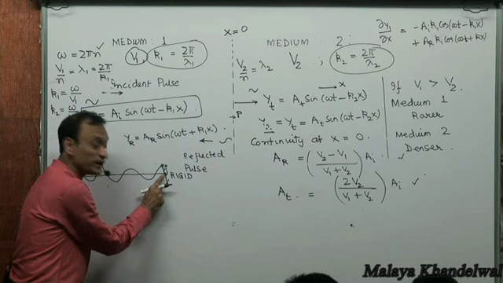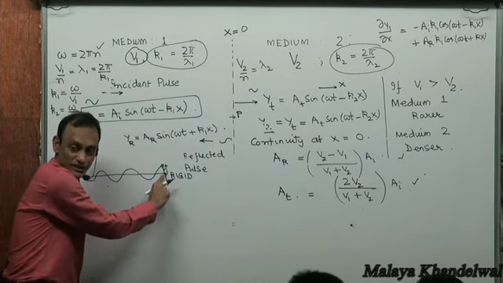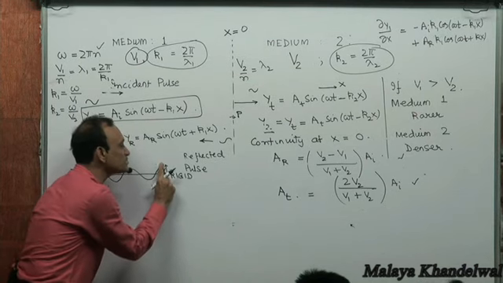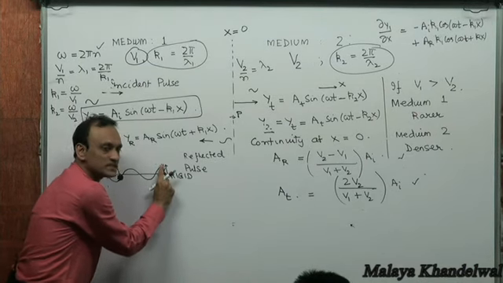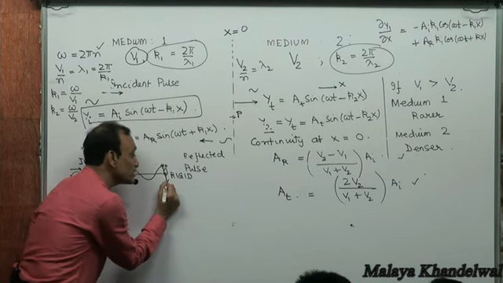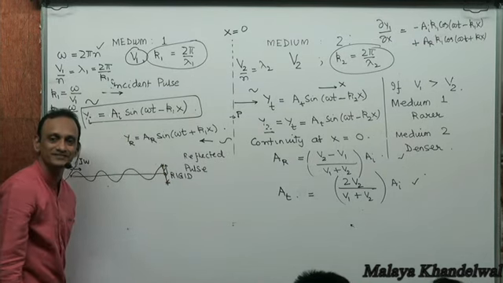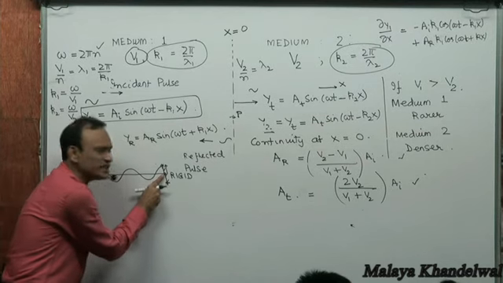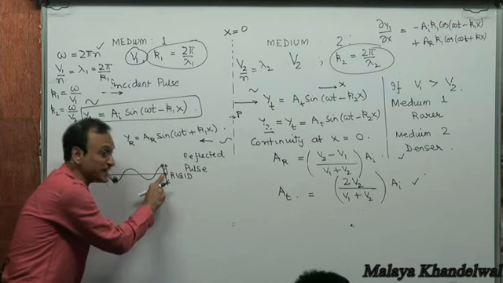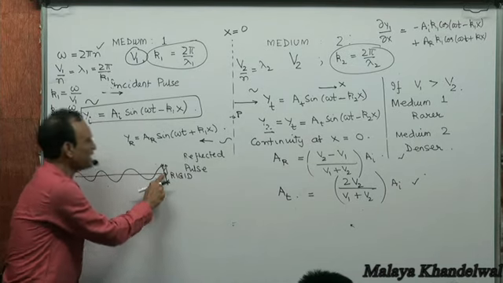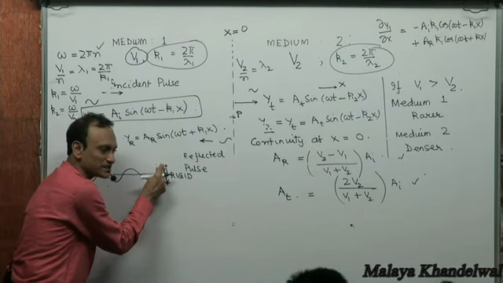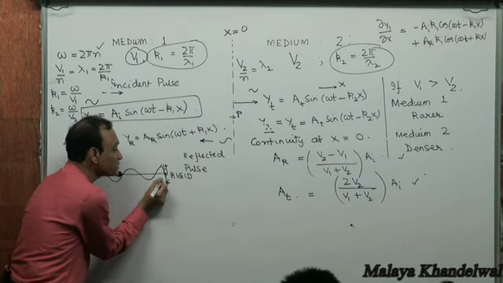The reflected pulse would do the following. This point has to be at rest because it's on a rigid support. If the incident pulse is aiming at moving this by a certain amount, then it's the job of the reflected pulse to pull it down by the same amount, so that there is no net displacement of this point, right? This is a fixed point. It's part of a rigid support. It cannot nudge.